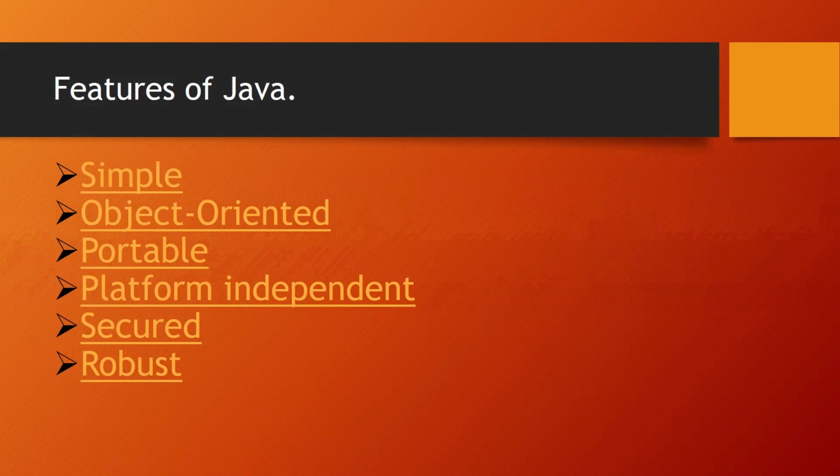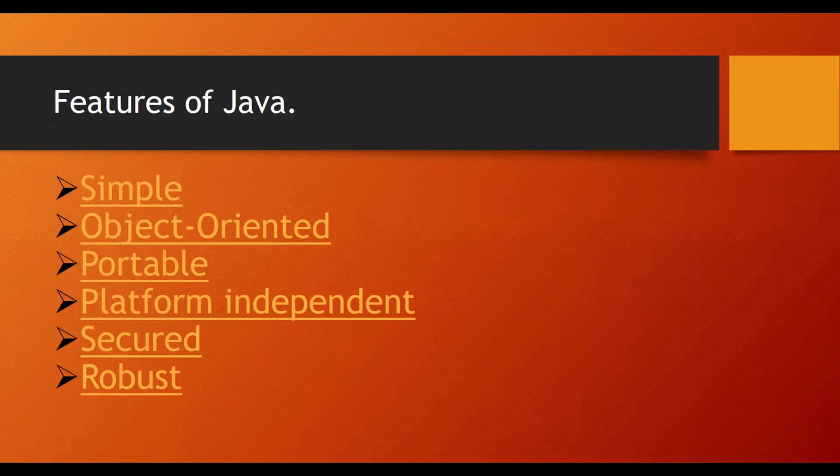Java is simple. Now the question is, why is Java simple? The reason is that Java is very easy to learn and its syntax is simple and easy to understand. And there are some other features which make Java simple.